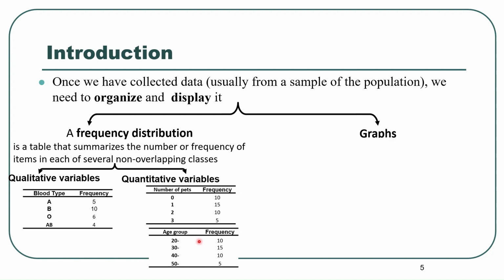Again, I apply the same principle of counting the frequencies. It is 10 among my 40 people having an age in the class from 20 to less than 30, 15 from 30 to less than 40, and so on.